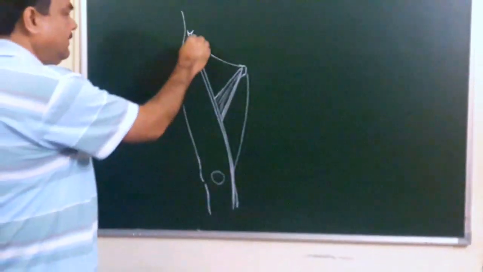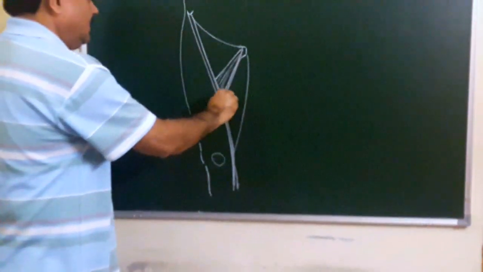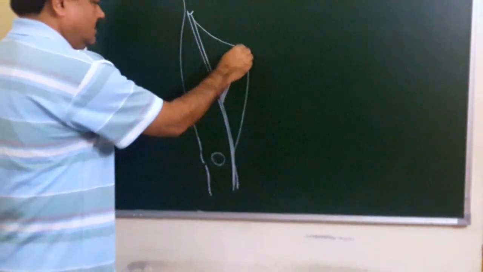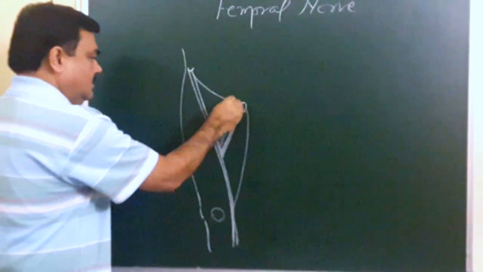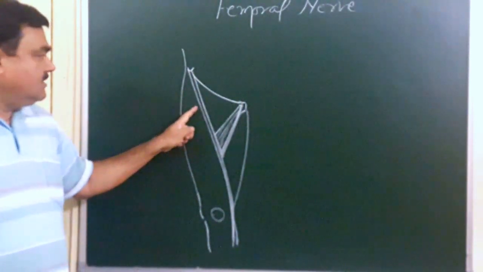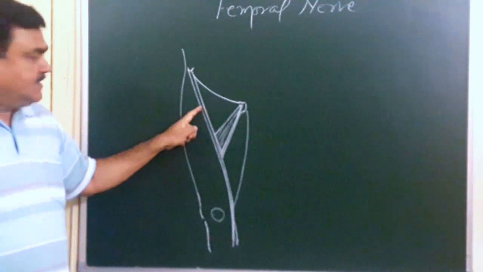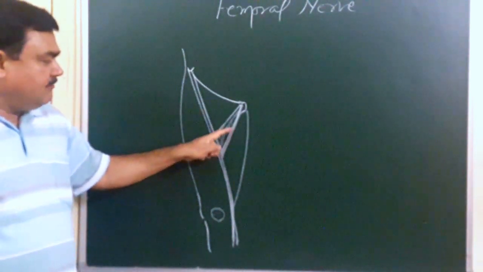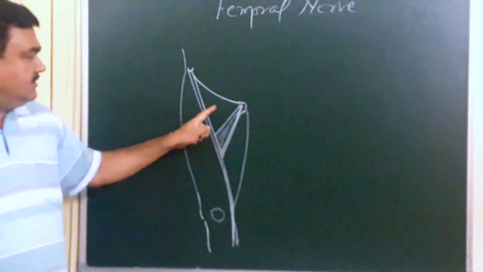This is the femoral triangle. In this diagram, this is the inguinal ligament. This is the medial border of sartorius, and this is the medial border of adductor longus. This is the femoral triangle.